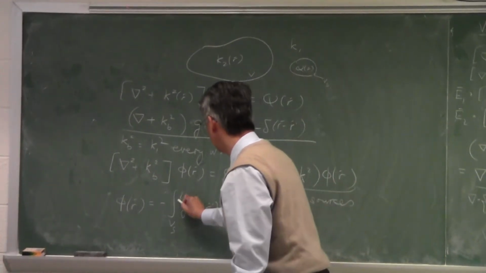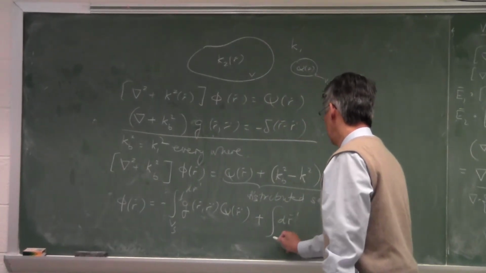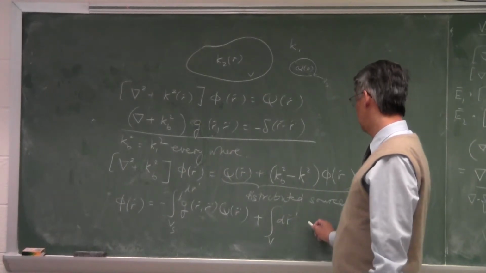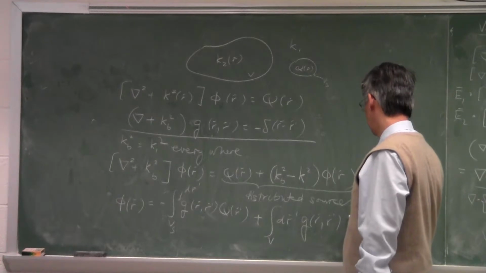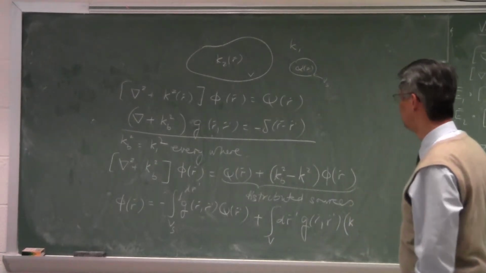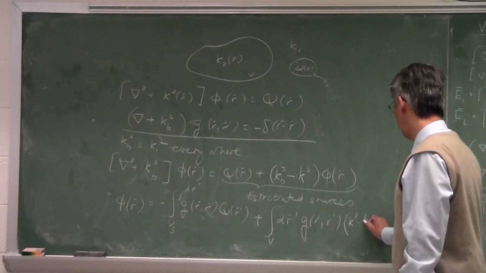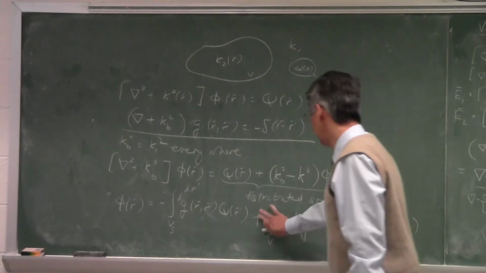There should be a dr here. This should be on V. It's only non-zero on V, and then g of r, r prime times k squared minus kb squared times phi of r prime. I just put a minus sign.